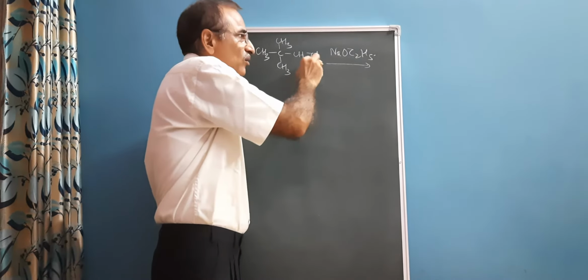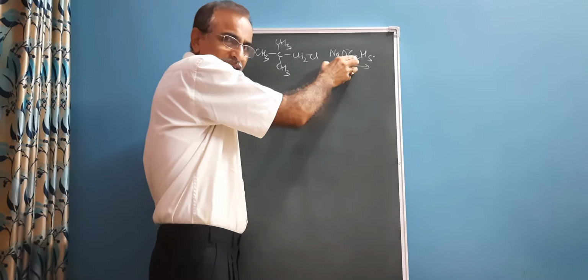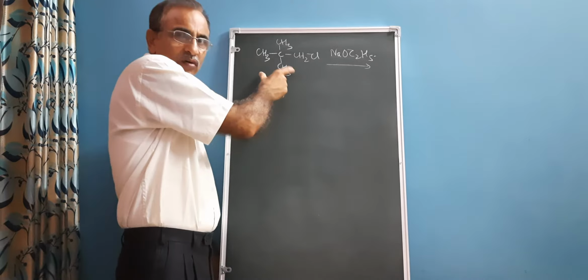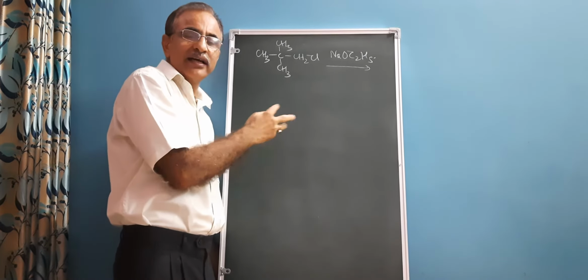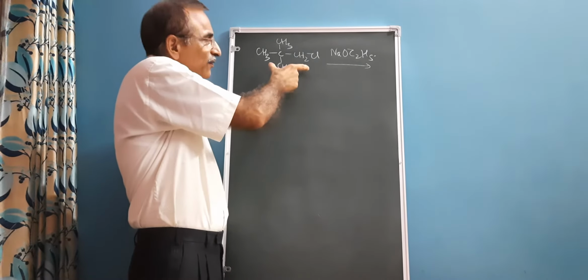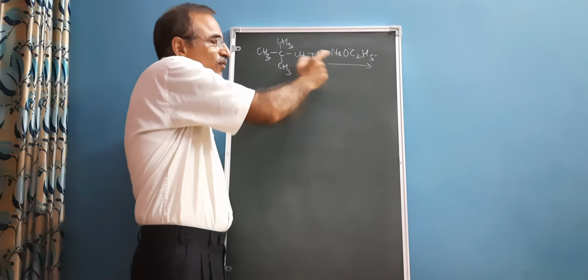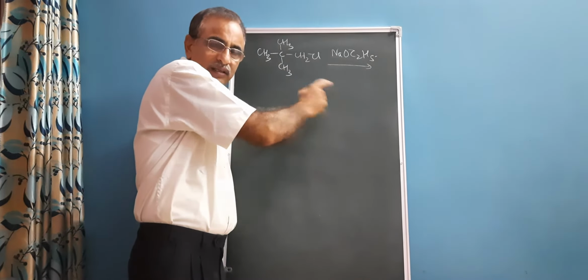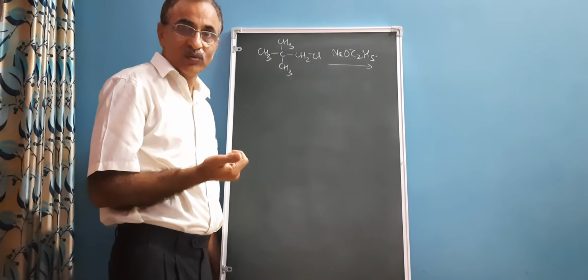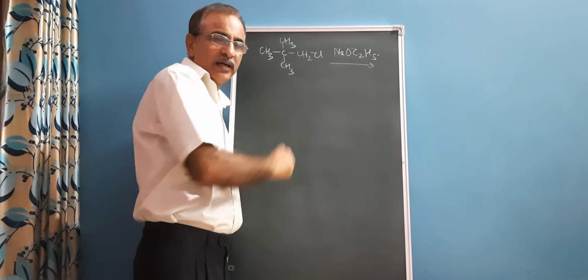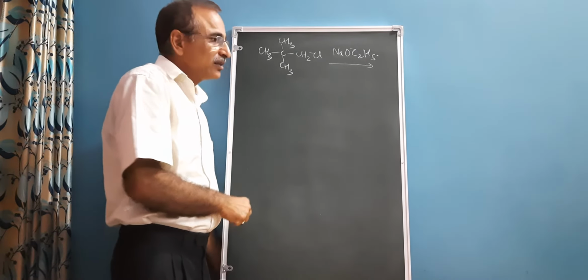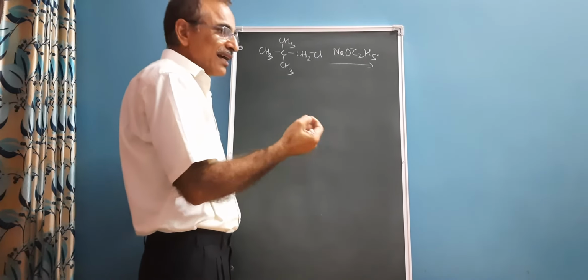In the presence of alcohol or sodium ethoxide, this undergoes either the SN2 mechanism or the SN1 mechanism. If the reaction follows the SN2 mechanism, there will be formation of ether only, and when the reaction proceeds by the SN1 mechanism, there will be formation of alkene.